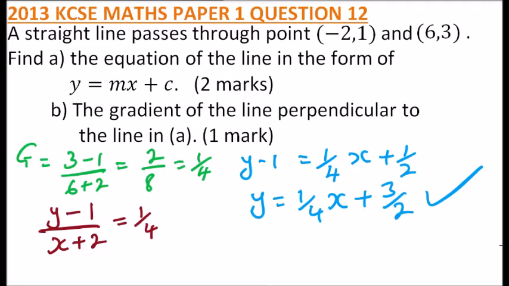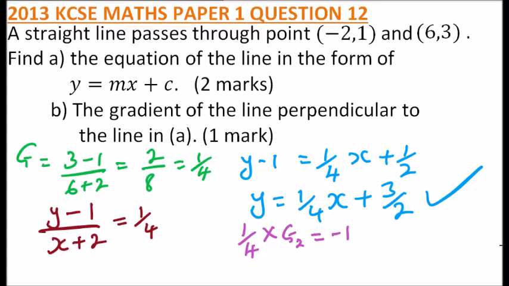Part B, we are required to find the gradient of the line perpendicular to the line in A. We know that for 2 lines which are perpendicular, if you multiply their gradients, so the gradient of the line in A multiplied by the gradient of the perpendicular line, gradient 2, should give us -1.